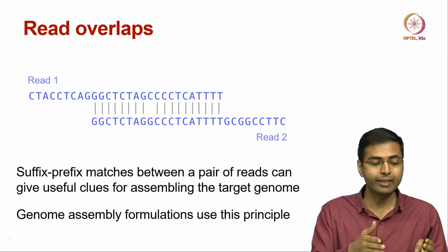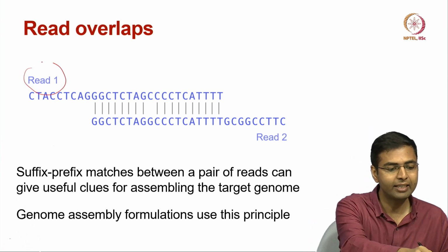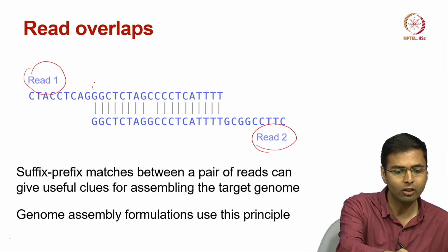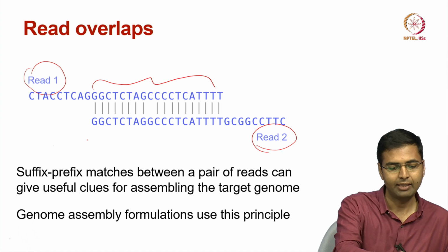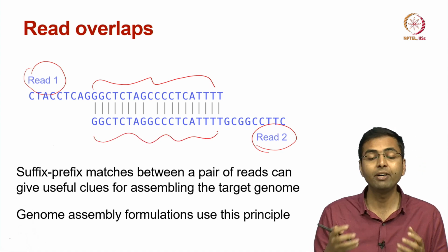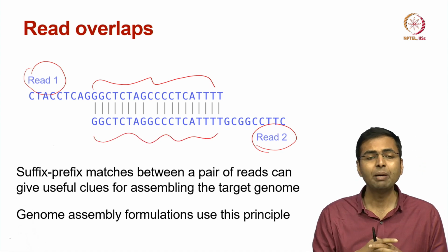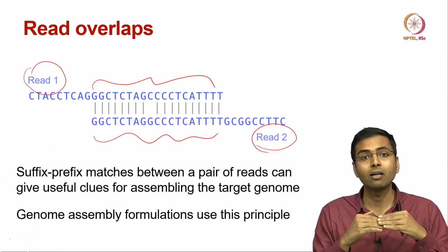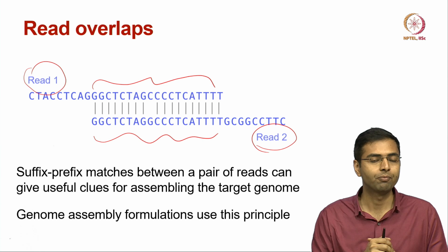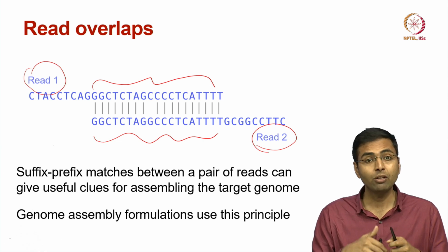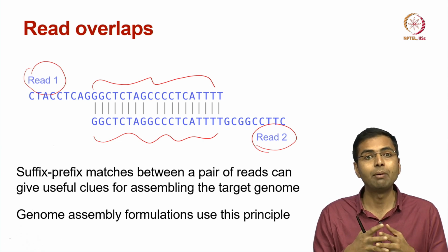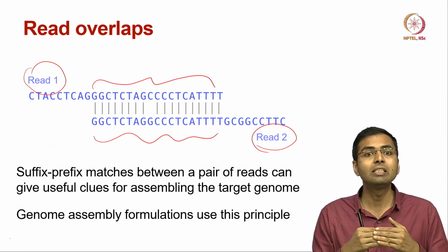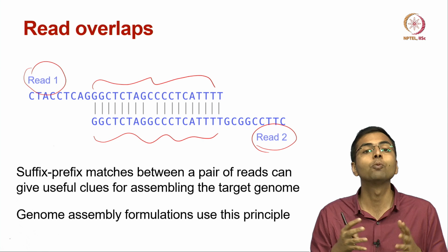So for example, if you have a read 1 which has a significant suffix prefix overlap, that is such that there is a long suffix of read 1 that matches a prefix of read 2, then maybe we can draw a hint that maybe read 1 and read 2 are consecutive in the genome sequence as well. So most of the formulations for genome assembly use this principle that the overlapping reads should be consecutive in the genome sequence.